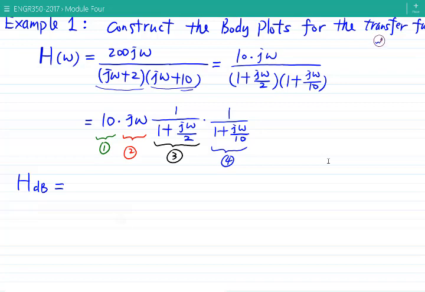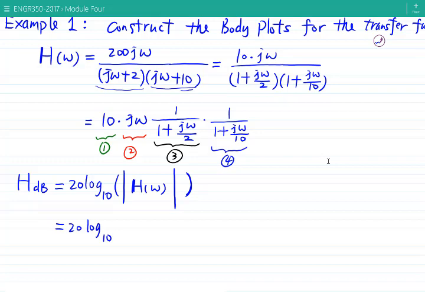By definition, decibel is 20 log base 10 of the magnitude of the transfer function H(omega). So basically it is equal to 20 log base 10.